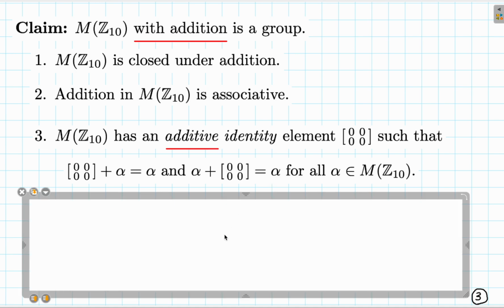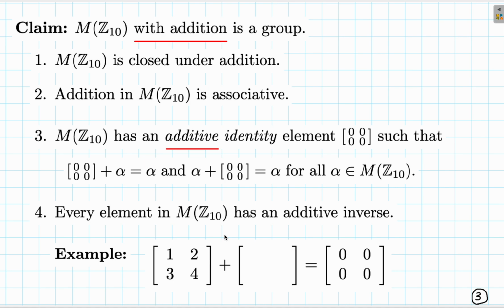And every element in M of Z10 has an additive inverse. We saw this in the classwork as well. For example, what's the additive inverse of 1, 2, 3, 4, meaning which matrix, when you add it to 1, 2, 3, 4, do you get the additive identity?